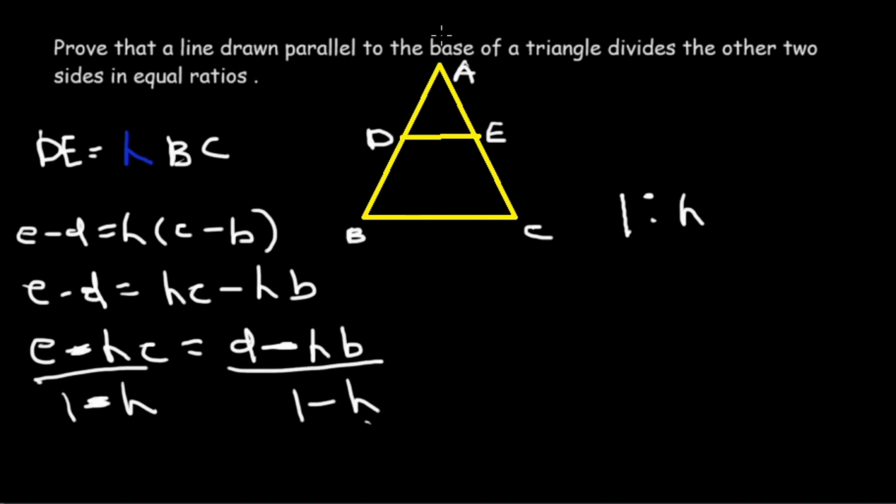Now from this diagram, the point is what? A, because A is dividing EC externally and also DB externally, right? So this is equal to A. So A is dividing DB and EC externally in a ratio 1 is to lambda.